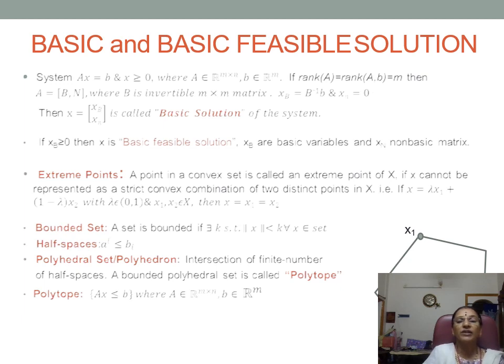The point of a convex set is called the extreme point of capital X. The area of all feasible solutions is called the convex set. Bounded set means a set is bounded, having a min and max, the initial value and the ending value.